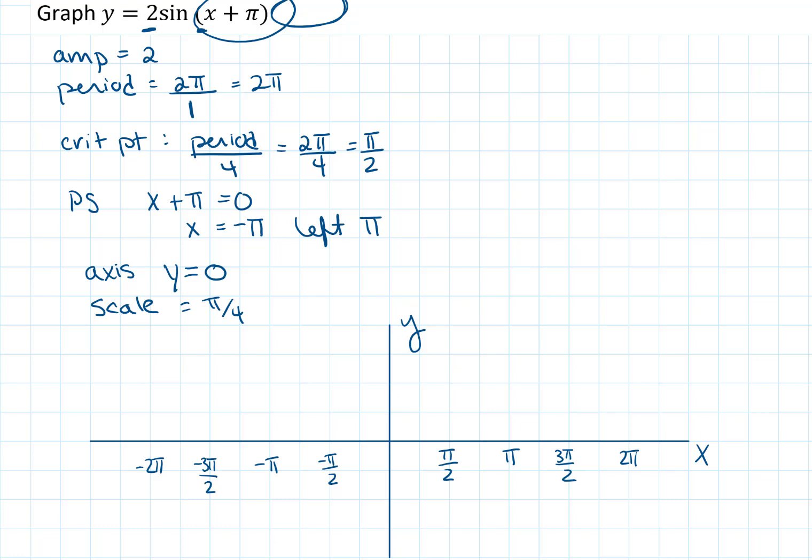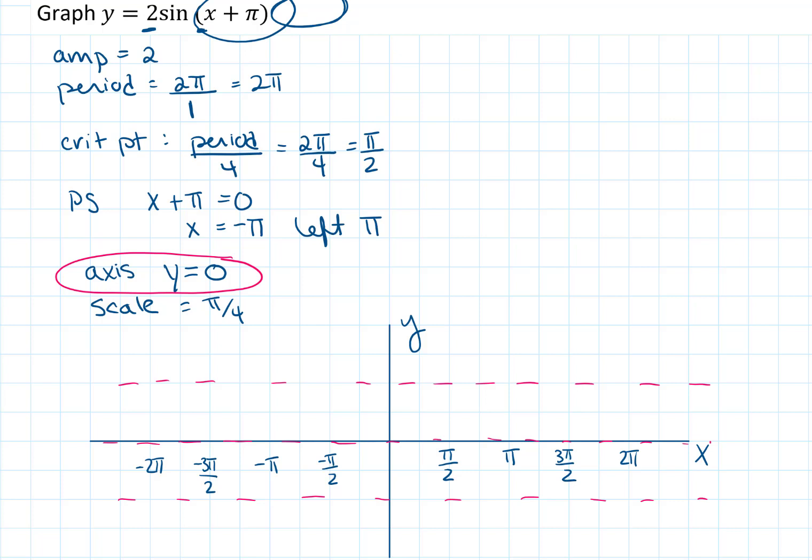My amplitude goes as high as 2, so I'm just going to do a dashed line here so I can kind of create some boundaries of where I'm going to draw my graph. And the y-axis has not been shifted up or down, so that means that that is my midline.